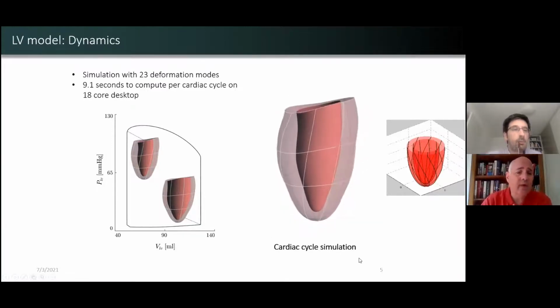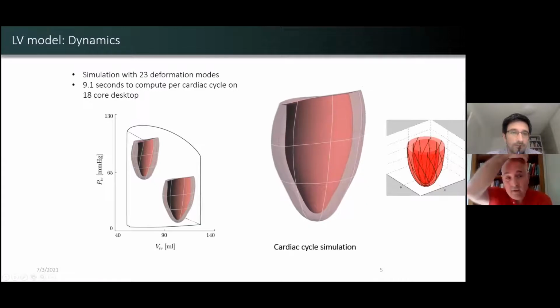So that means that it runs very quickly, which is of course useful for analyzing clinical data.